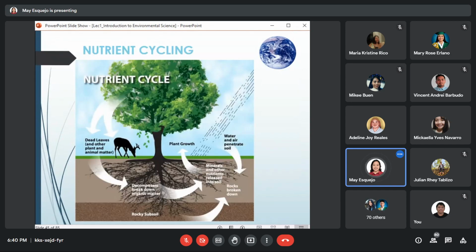So dead leaves, and then other animals, organisms, stages of soil, and then decompose, broken down by bacteria or microorganisms, and then give nutrients, either to the trees or to another set of plants, and then it will grow, it will be eaten, and so on. So the cycle continues. I hope you understand the nutrient cycling.